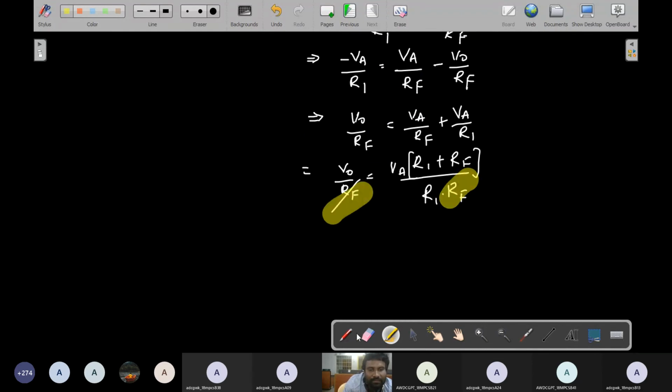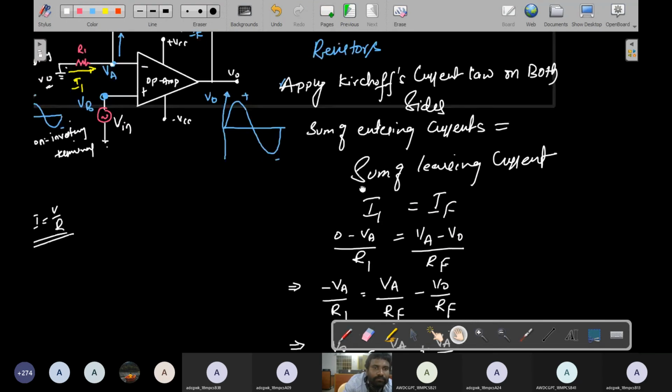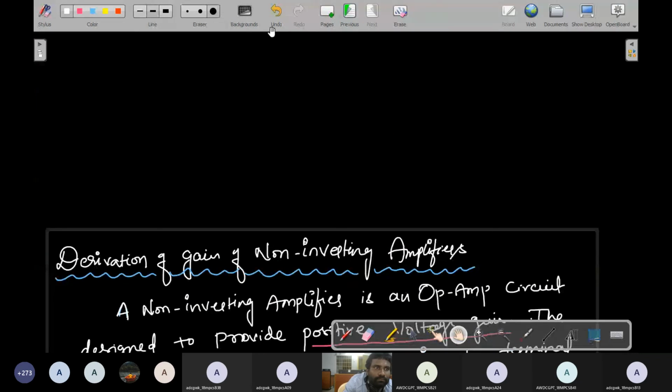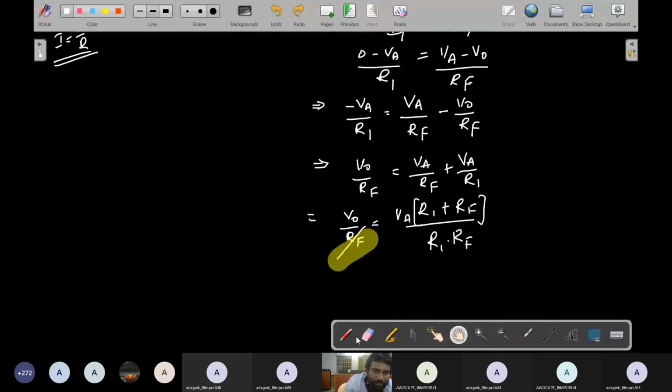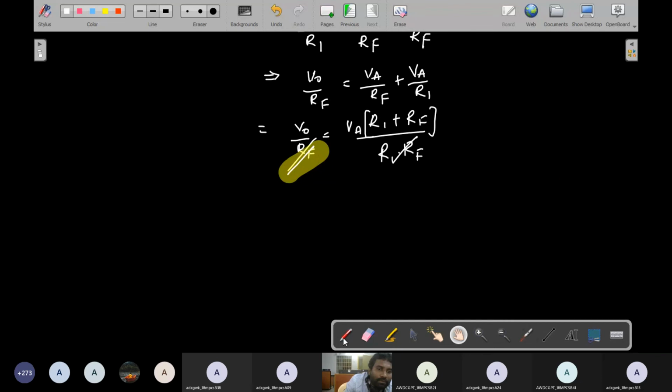This RF will be cancelled. Finally you'll get V0 is equal to VA into R1 plus RF divided by R1.